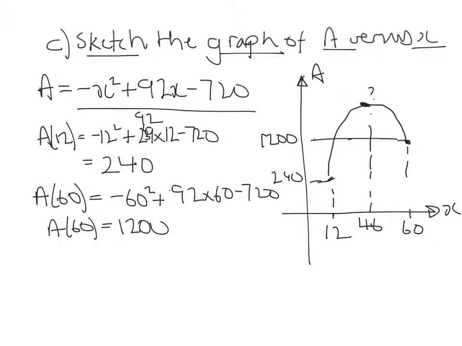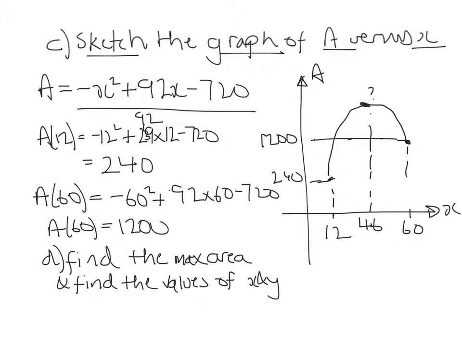That's part D that we have to work out. We have to find the maximum area and then find the values of x and y. If the area is minus x squared plus 92x minus 720, how can we find the maximum?